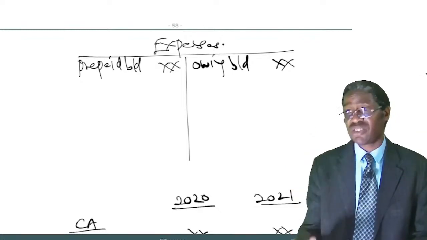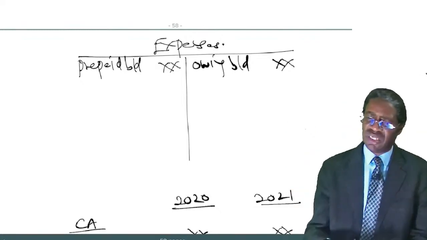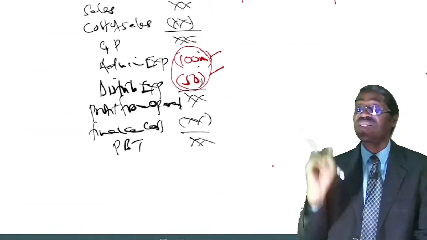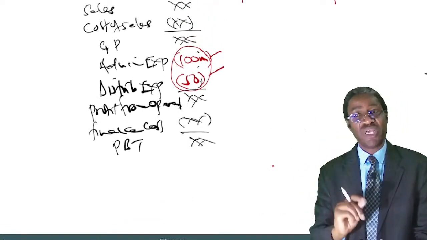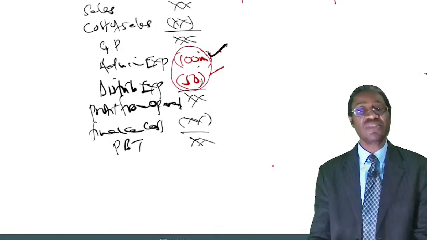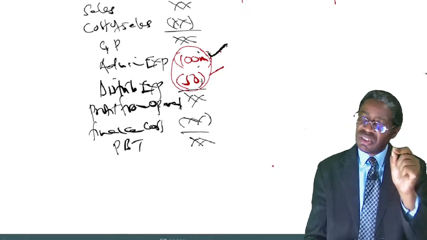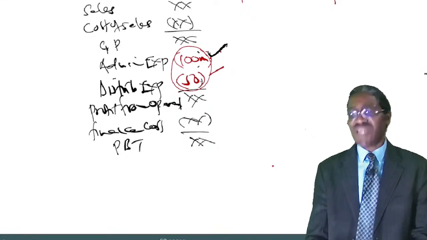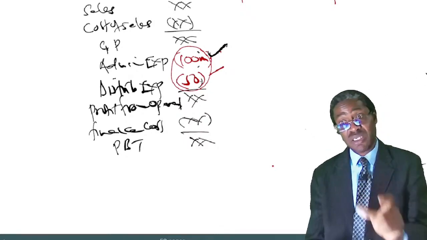Listen, that means once you bring down the balance, like I brought down for debtors, like I brought down for creditors, I now go to the income statement that the examiner has given me. I go to the income statement and pick the charge for the year. I pick the charge for the year for expenses. Like for example, I can see admin, we charged 100. Listen, that amount has been deducted in the P&L account. Deducting it in the P&L account means it has been debited in the P&L account.